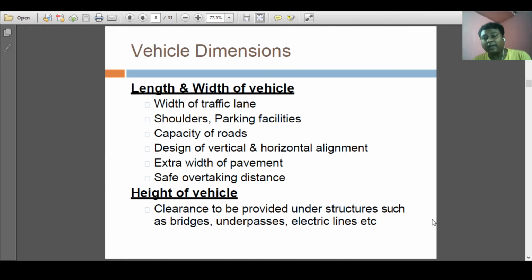So next is the height of the vehicles. Yes, for the vertical clearance, the height of the vehicle should be known properly, because in Indian conditions, in most places, the electricity connection or the phone connection or the internet connection is not in an underground system.